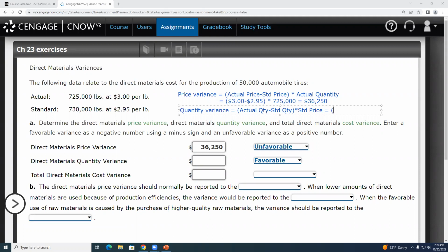So actual quantity minus standard quantity is minus 5,000 pounds, right? 725 minus 730 gives us a negative 5,000 pounds at the standard price of $2.95 per pound.